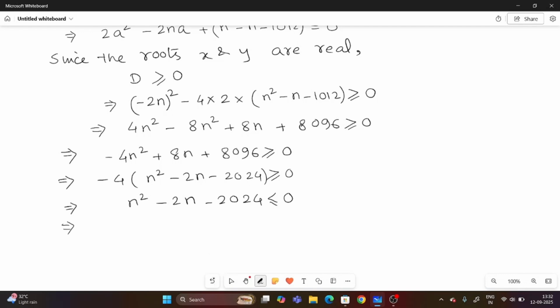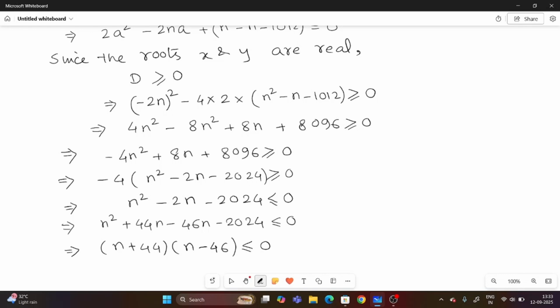Now we have to factorize that expression. So n square plus 44n minus 46n minus 2024 less than or equal to 0. So the complete factorization is (n plus 44) multiplied by (n minus 46) less than or equal to 0.